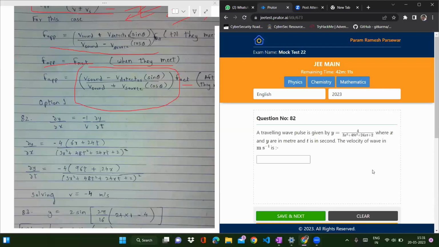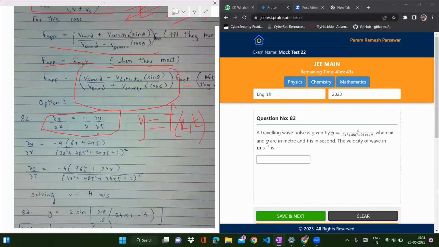So for the waves, we have this relation for the equation of wave: the equation of any wave is given by y, which is a function of x and t, describing the oscillation of the particles of the wave at any time.